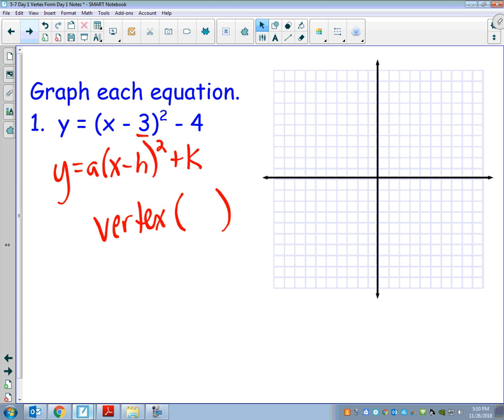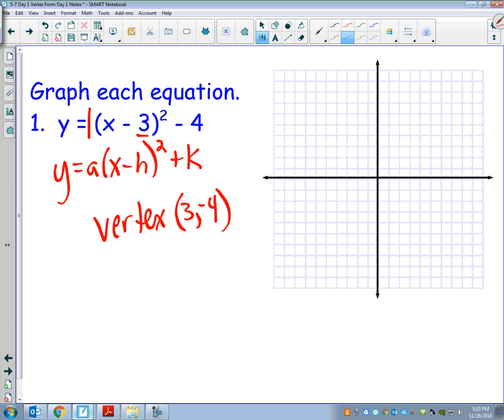So in this case, h is 3, because notice the formula is minus h. And plus k means that our k value on this one, because that's a minus, would be negative 4. So right away, just by looking at it, I can tell the vertex. A is the number in front here, and there's nothing in front, which means a is 1, which means that it hasn't changed at all.